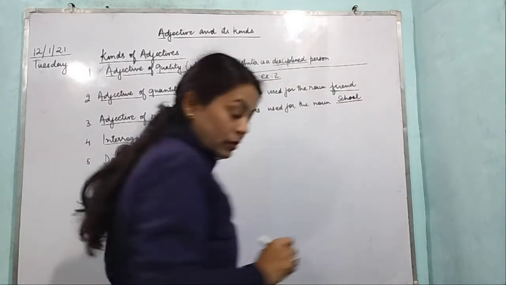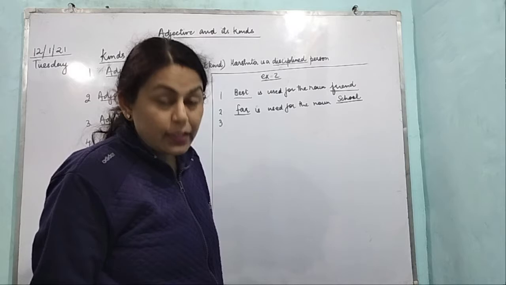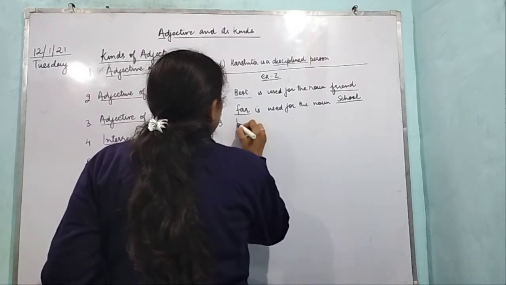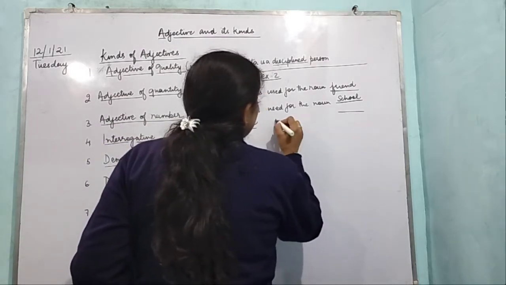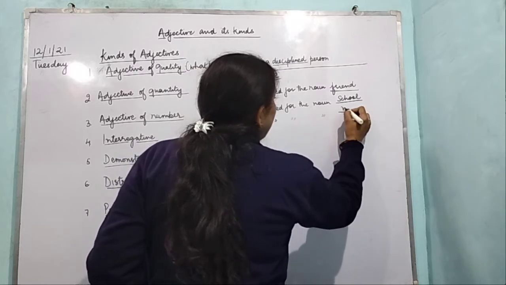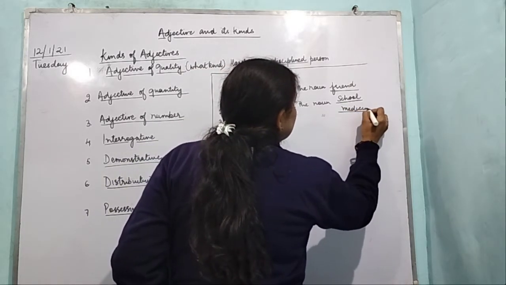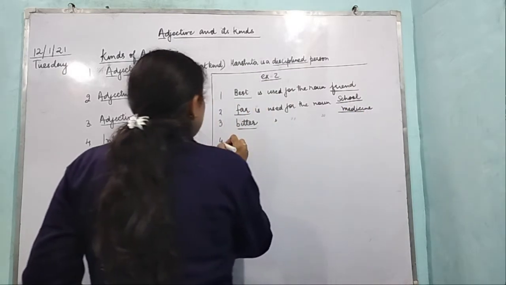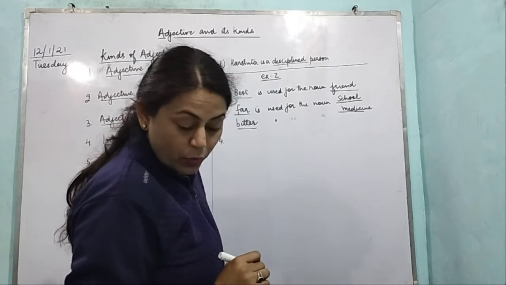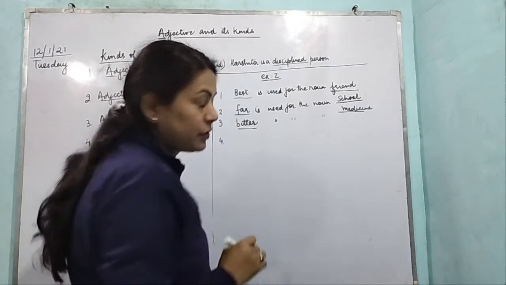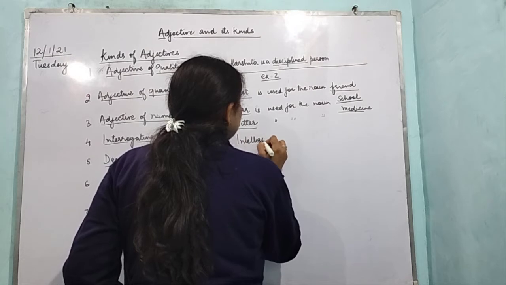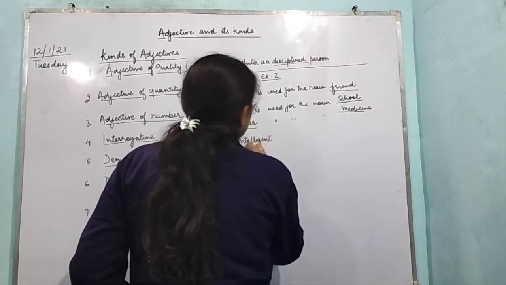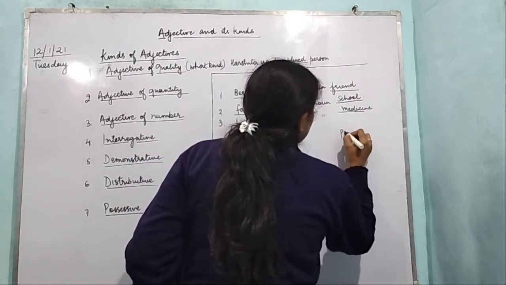Third one, the medicine is bitter. Bitter, and here you will write the same thing, medicine. Fourth one, Rohit is an intelligent police officer. Intelligent, police officer.